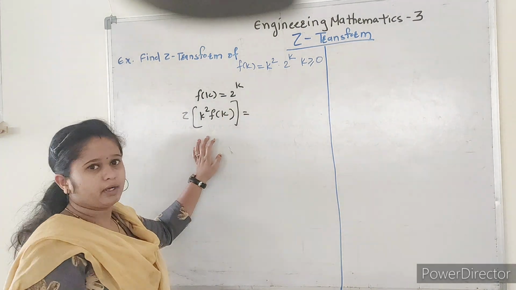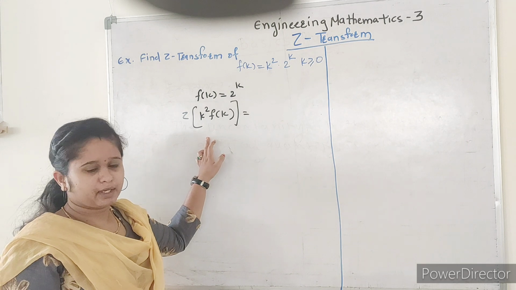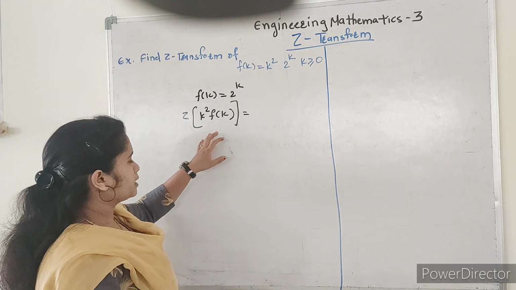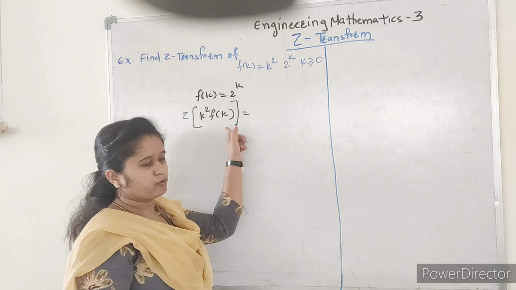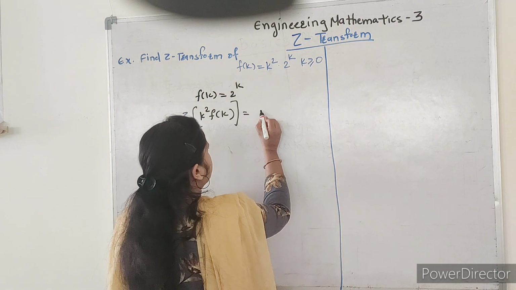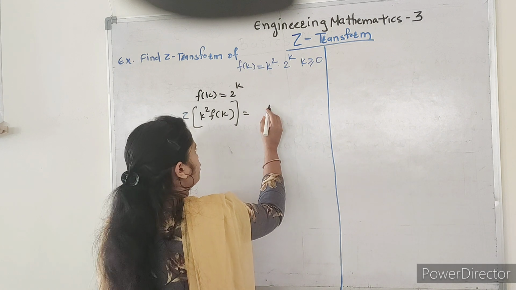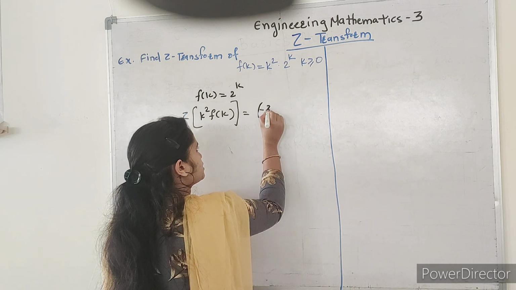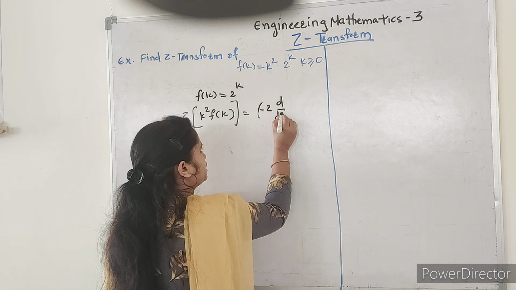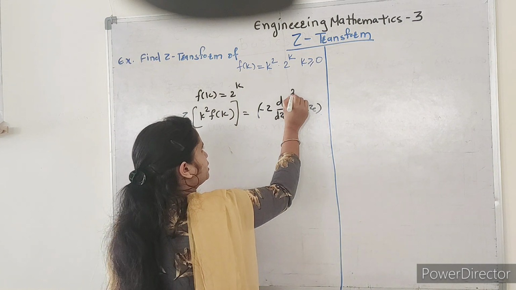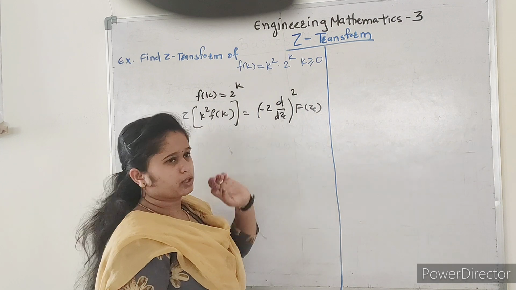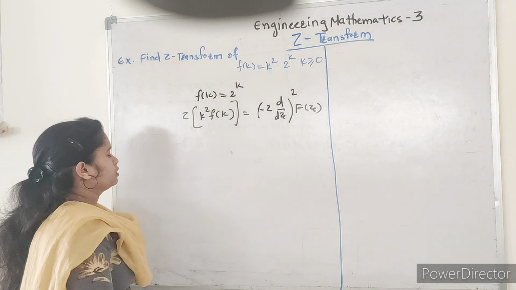This property is called the multiplication by k property, correct? By this property, the Z transform of k square into f of k is minus z into the second derivative of F of z with respect to z.